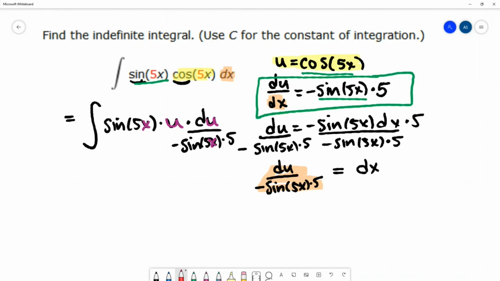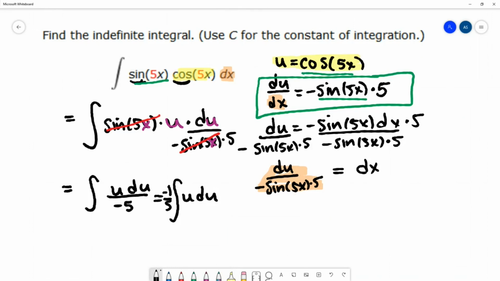But the reason why I said luckily is our sine of 5x and sine of 5x is going to cancel with that substitution that we made. And that leaves us with the integral of u du over negative 5. I can write this as the integral with negative 1/5 on the outside of u du.